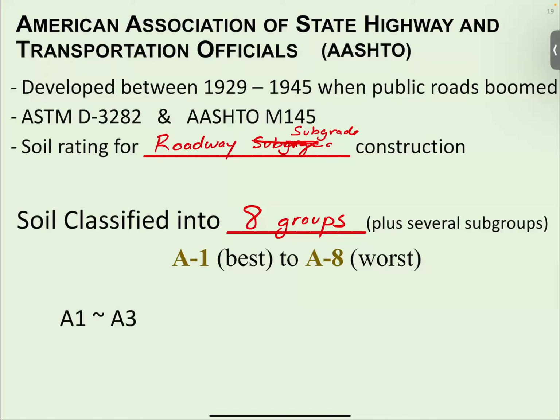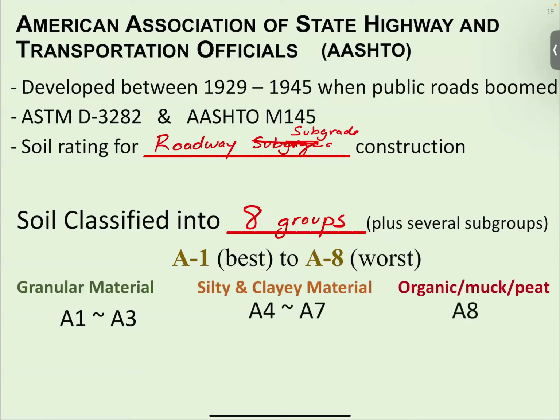A1 through A3 is our granular material, and this is usually considered excellent to good. A1 is the best type of fill material for subgrade that you can get. But as you probably imagine, it's very rare to have true A1 soil. So usually if it's A1 to A3, we're like, all right, this is good stuff. We can work with this.